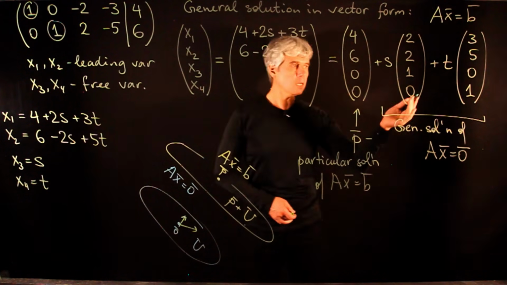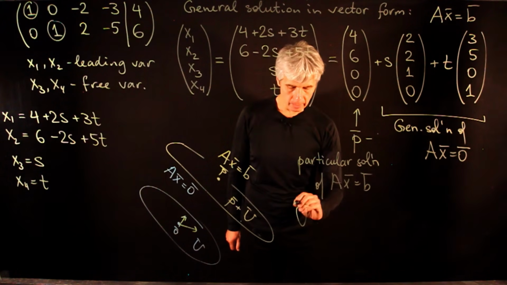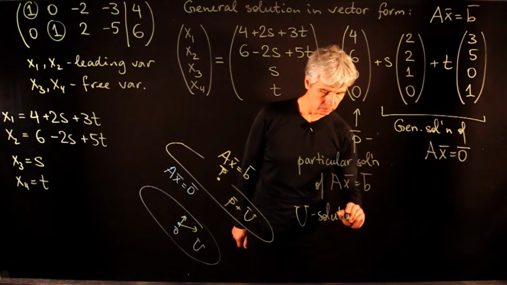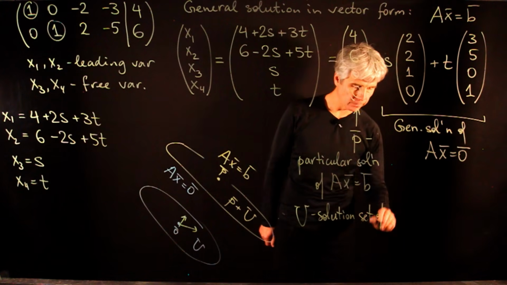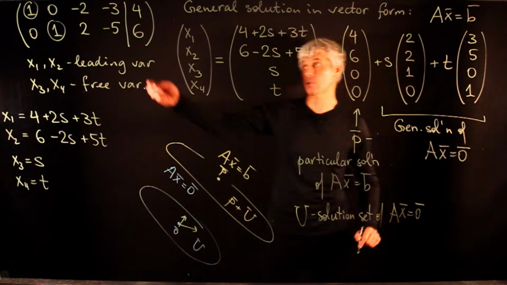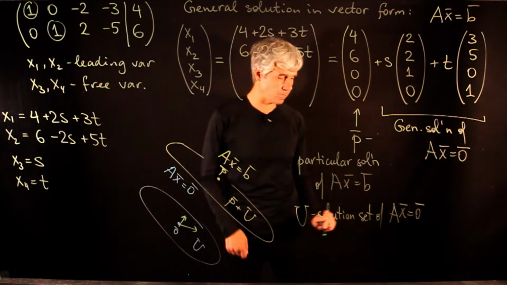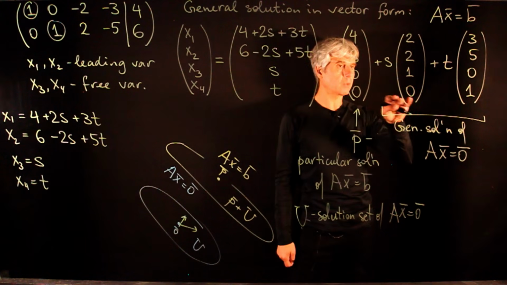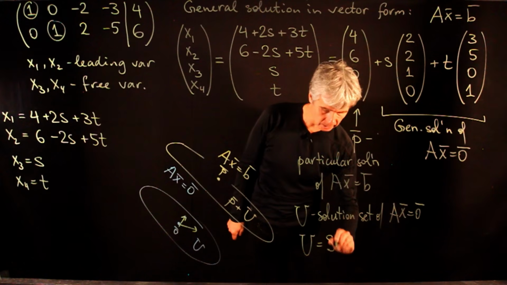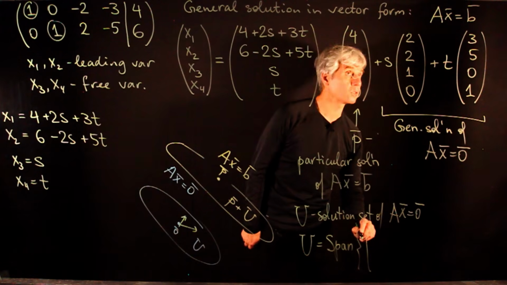And from here, we also see that if U is a solution set of Ax equals 0, the homogeneous system with the same coefficient matrix, so we just take this matrix and put zeros in the right hand side, then what this says is that U is a span of the set of two vectors.